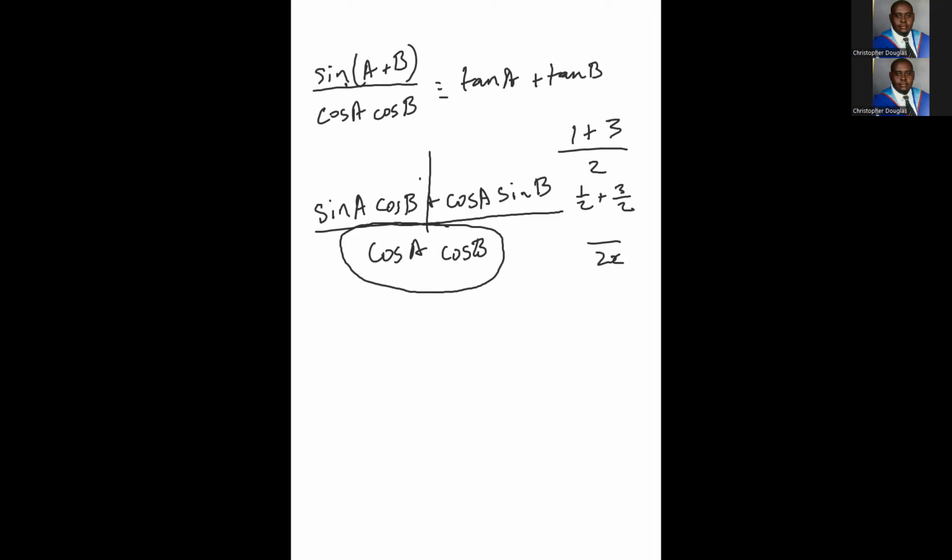So I can split this as sine A cos B over cos A cos B plus cos A sine B over cos A cos B. Now what operations can I do to this now?